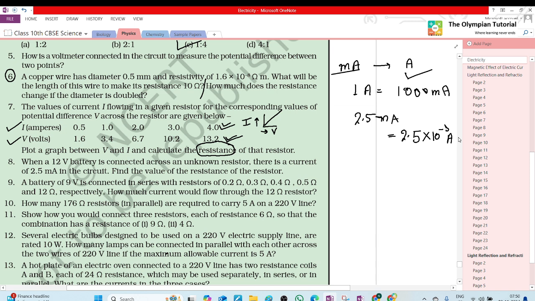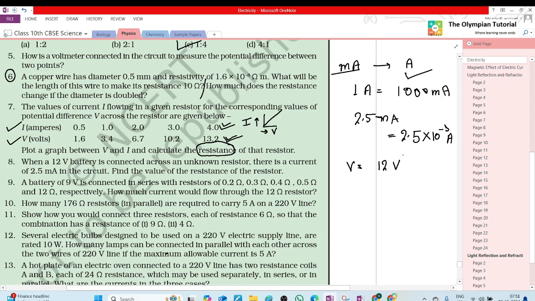Okay? And V is also given. It is 12. Ma'am, in case this was microampere, then it would become 2.5 into 10 to the power minus 6 ampere. Very good. Absolutely.